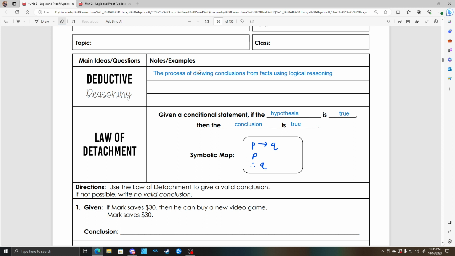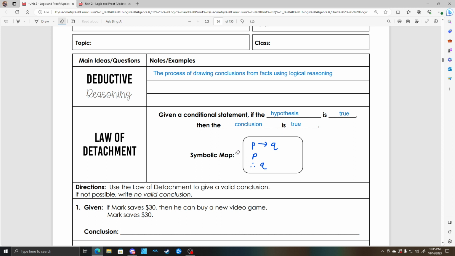Deductive reasoning is the process of drawing conclusions from facts using logical reasoning. There's a couple ways of doing this. The first of which is the law of detachment. Given a conditional statement, if the hypothesis is true, then the conclusion is also true.